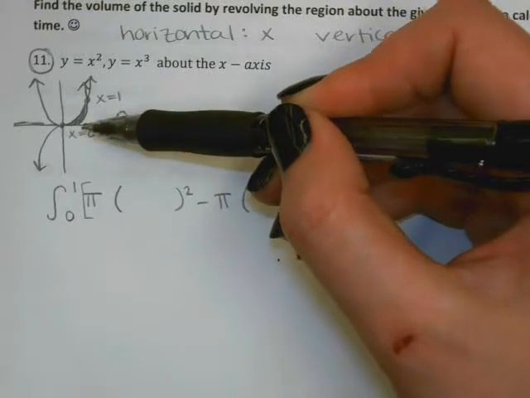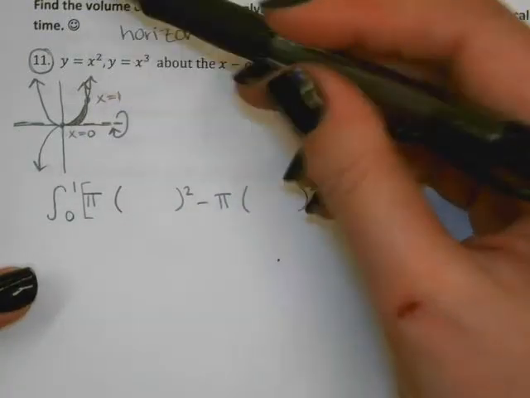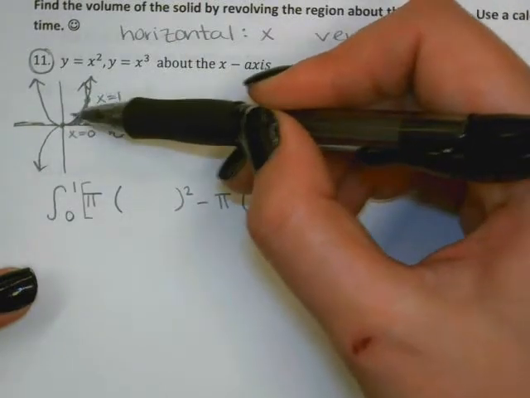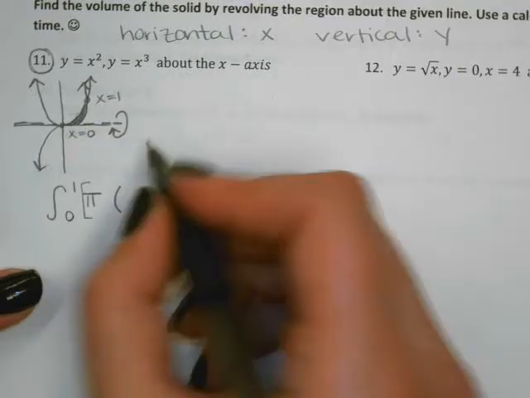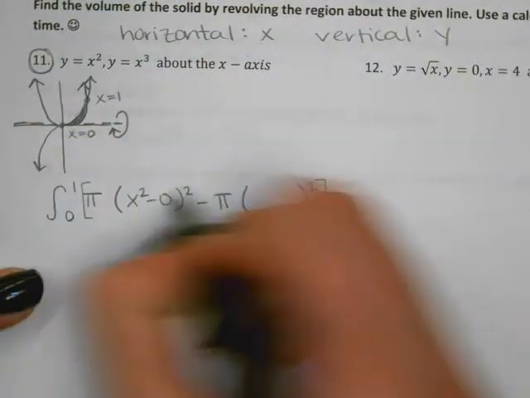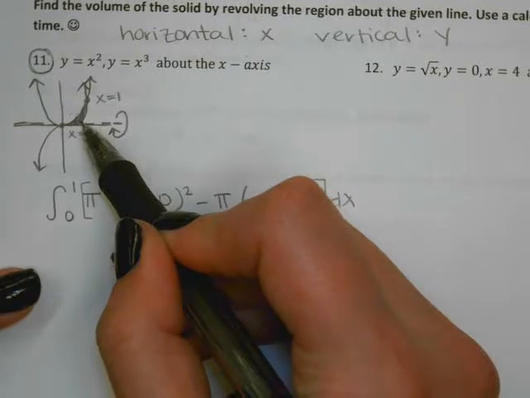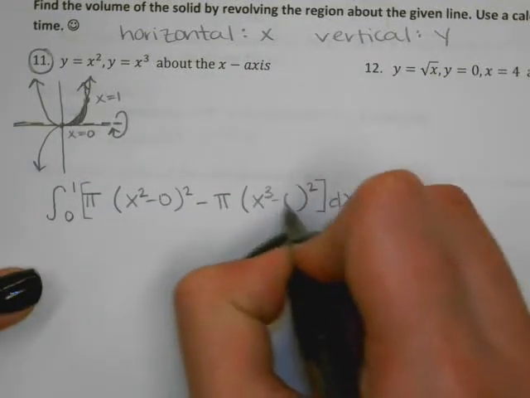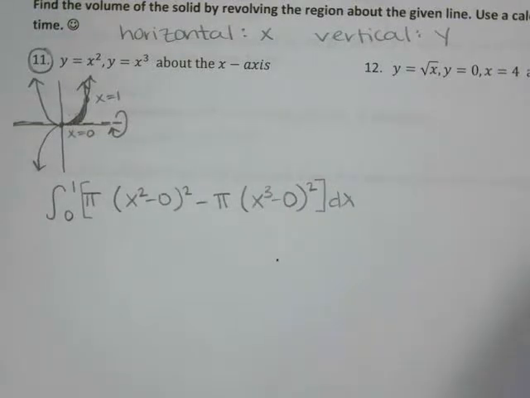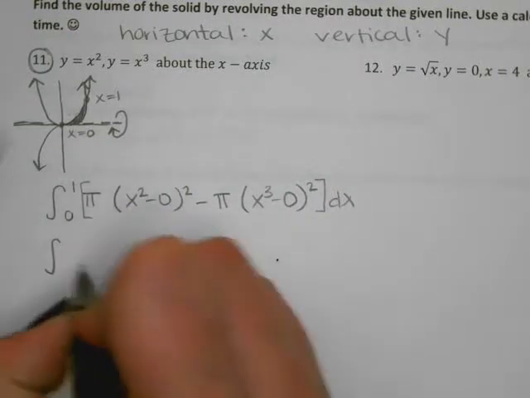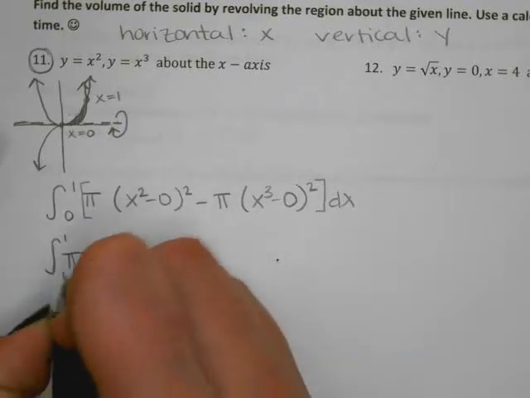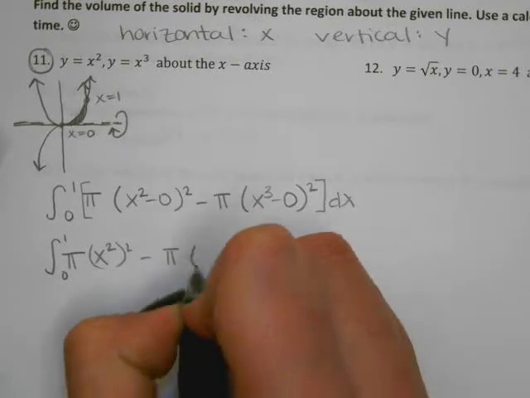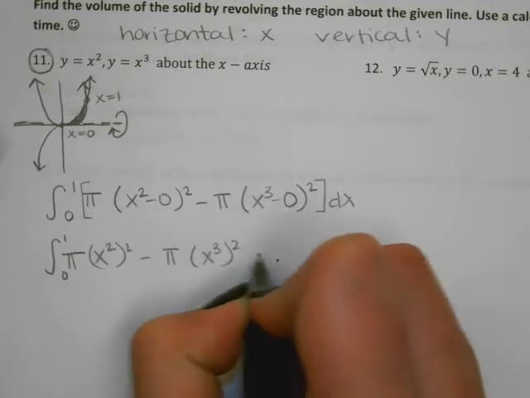Sometimes that will switch. The curve that's furthest is x squared, so we do x squared minus 0, top minus bottom. The curve that's closest to the axis of revolution is x to the third, so x to the third minus 0. So I have pi times x squared squared minus pi times x to the third squared.